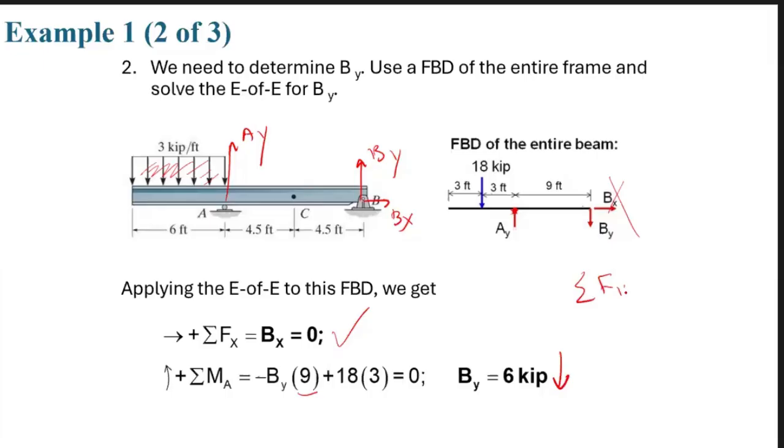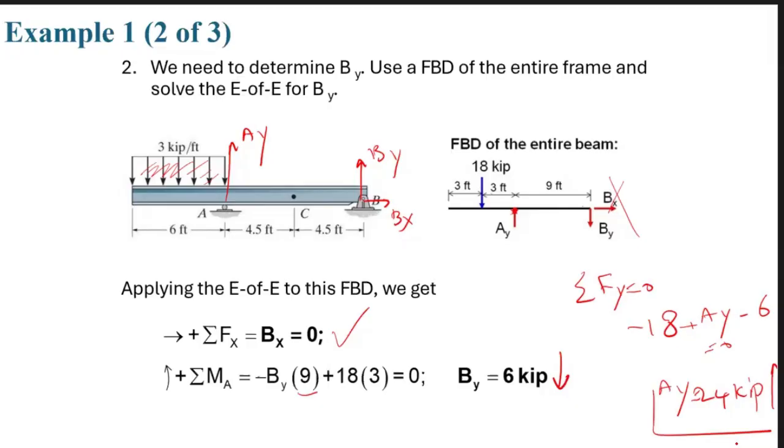Another summation, Fy = 0: 18 minus Ay upward, and By downward equals 0. So we find Ay is 24 kilopound upward, another support reaction that we need.